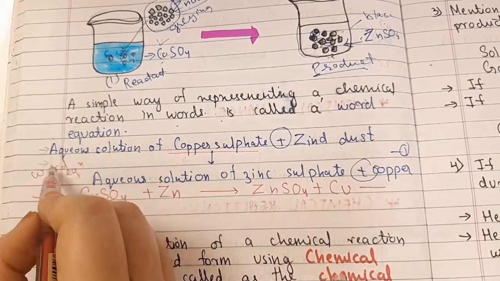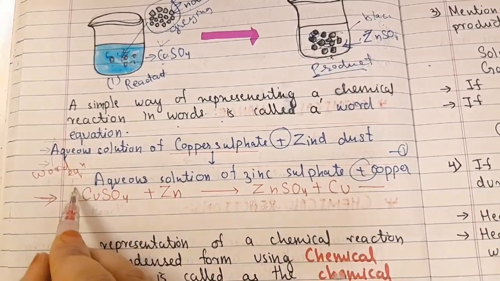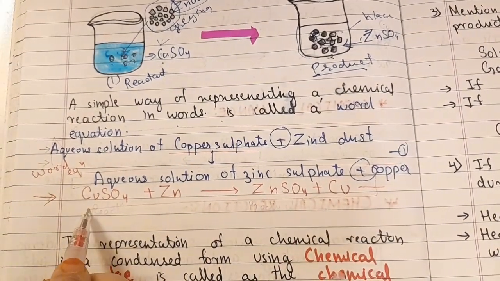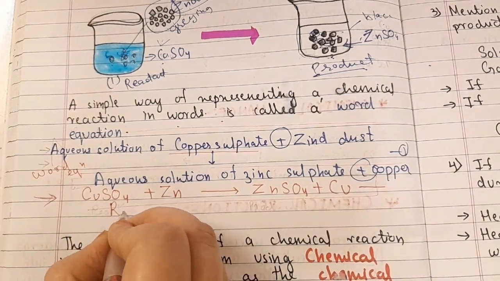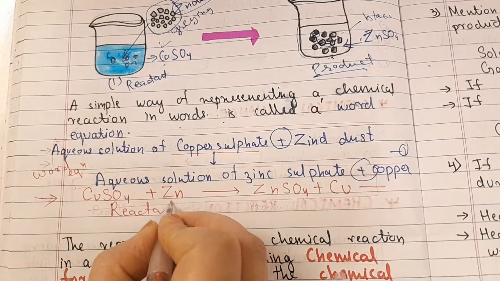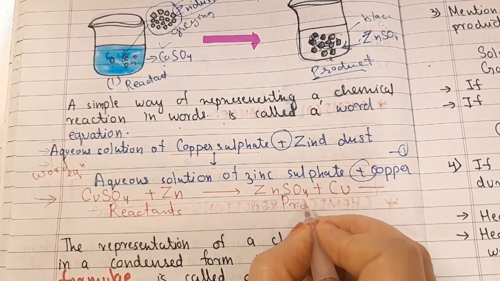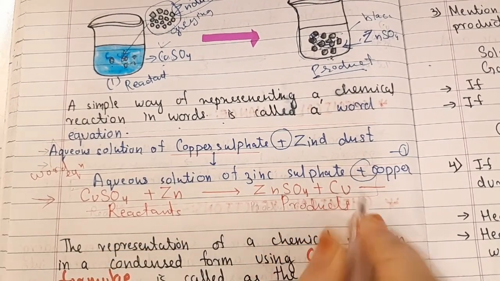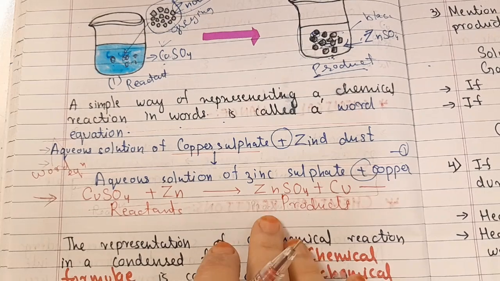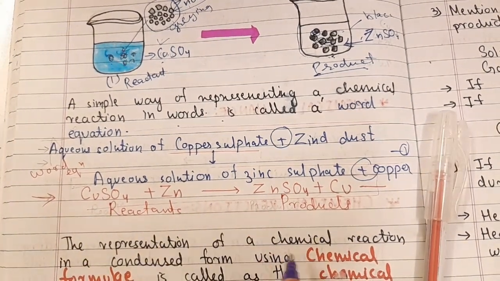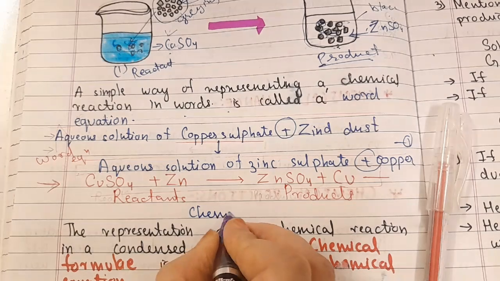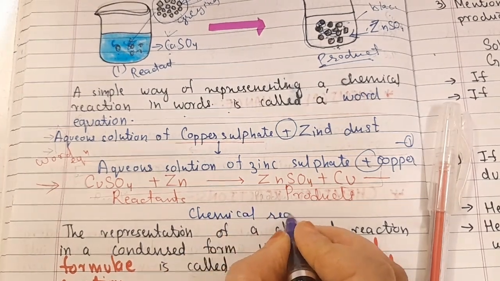So students, this is a word equation and this is a reaction with chemical formulas. These are the reactants on the left hand side and we have the products on the right hand side, and this equation with chemical formulas is called a chemical reaction.